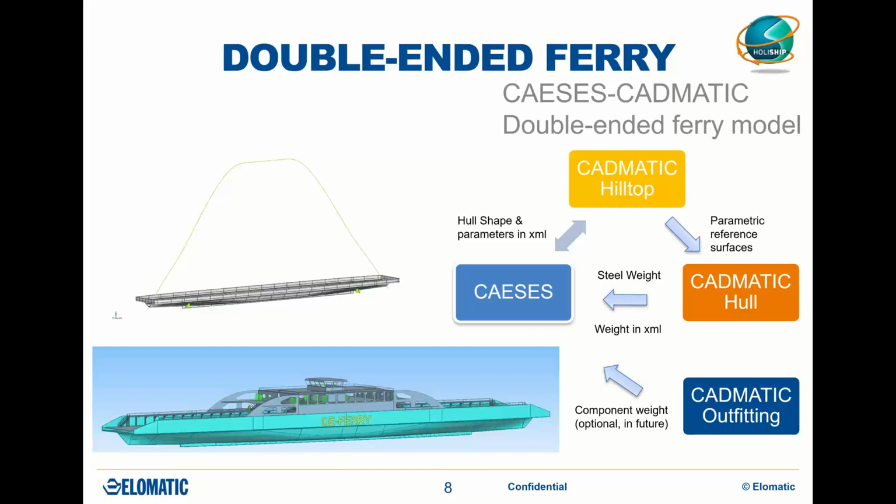This is the new feature that was developed during the HoloShip project, and CADMATIC HiLoTop is basically within CADMATIC Hull surface software, and it is used to define the high-level topology. High-level topology was basically, in our case, the positions of decks and main bulkheads, which are defined in table format. And these bulkhead and deck positions are parametric in CADMATIC HiLoTop.